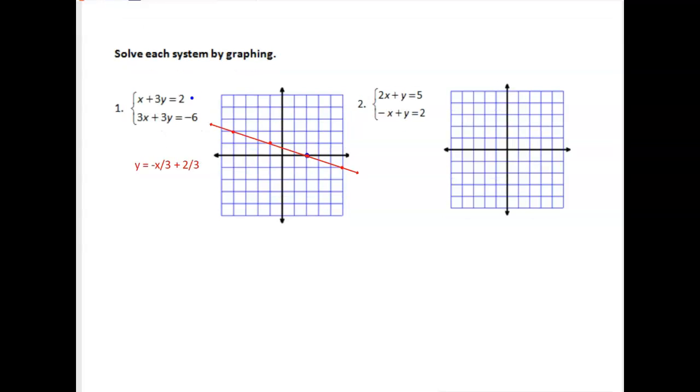And then we're going to do the same thing for the second equation. What's nicer about equation number 2 is that the x and y intercepts in this case are rather nice. So when y is 0, we have 3x equals negative 6. Divide by 3, we get x equals negative 2. So my x-intercept is negative 2.